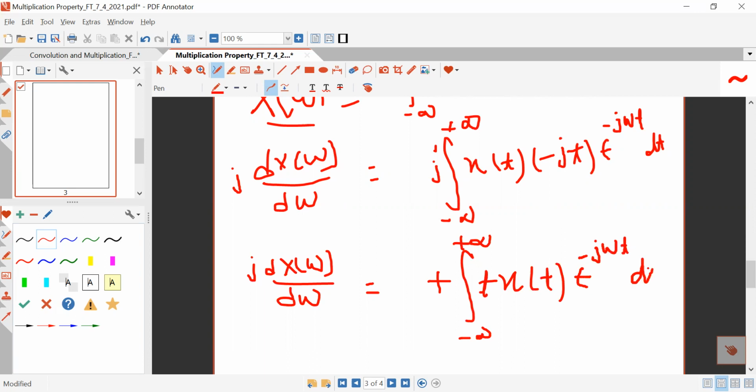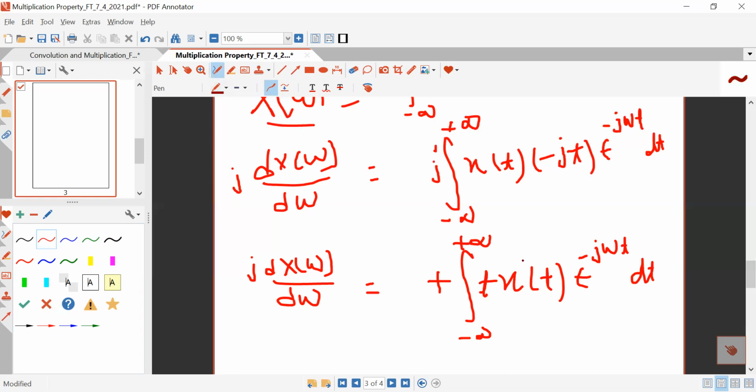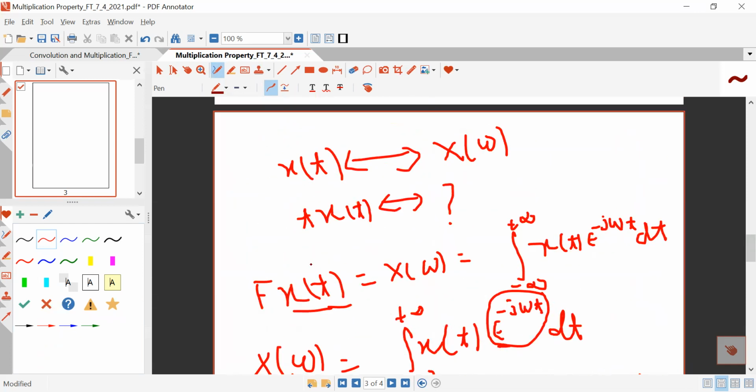Now see this expression. What is this? You can see here in place of x(t), the term is t x(t), with e to the power minus j omega t dt. As you know, the Fourier transform of any signal x(t) is the integral of x(t) into e to the power minus j omega t.